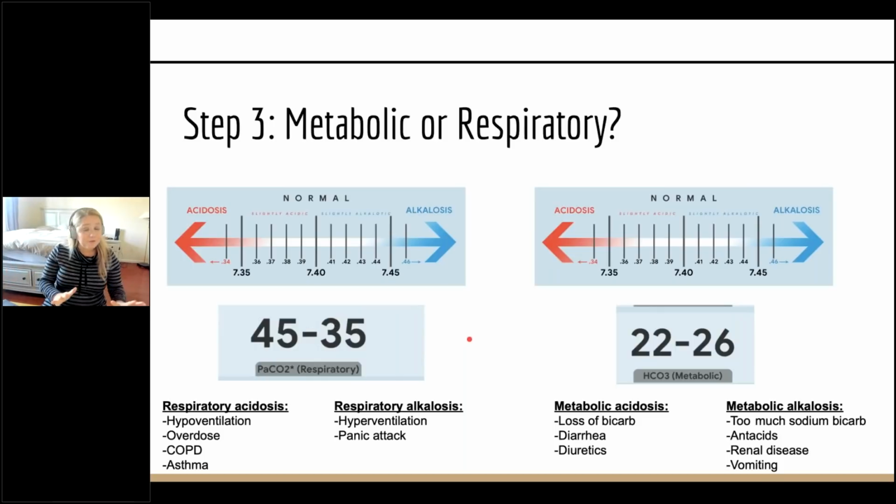If we don't have enough of the bicarbonate, less than 22, not enough base, acidosis. So maybe we have a pH of 7.1. Ooh, that's really low. And then we go down to our CO2 and, oh, it's 35. Okay, that's normal. But then we look over at our bicarb and it's 18.